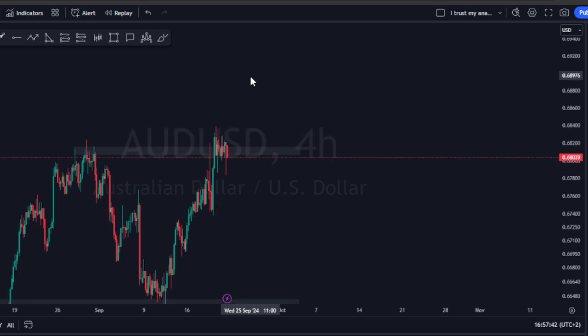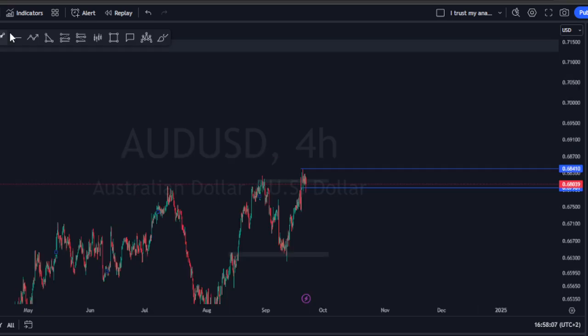So I'd probably have my buy stop there and then my stop loss right here. So my target is this high. My target is there, ladies and gentlemen.